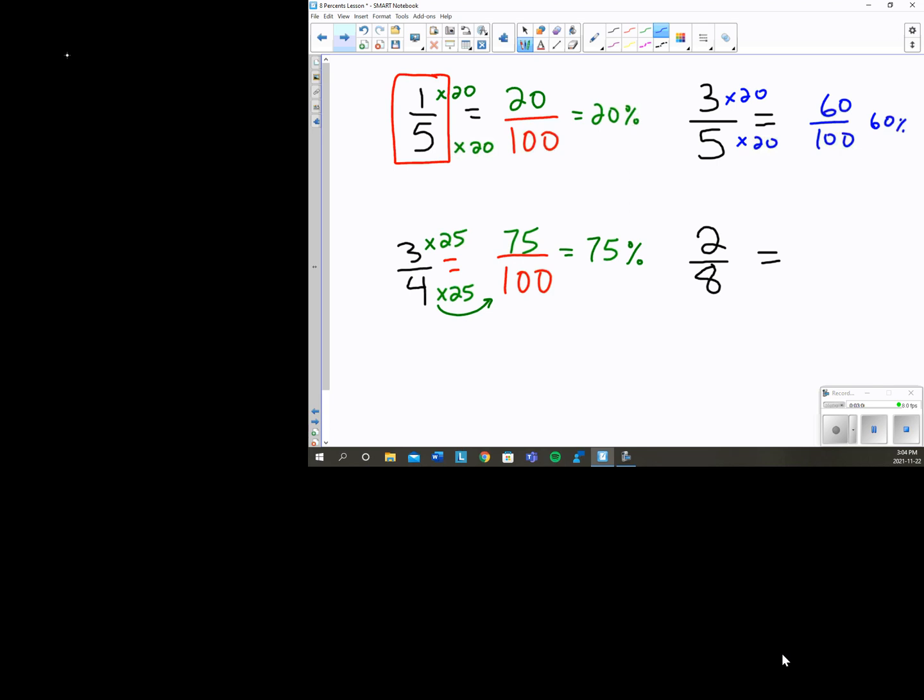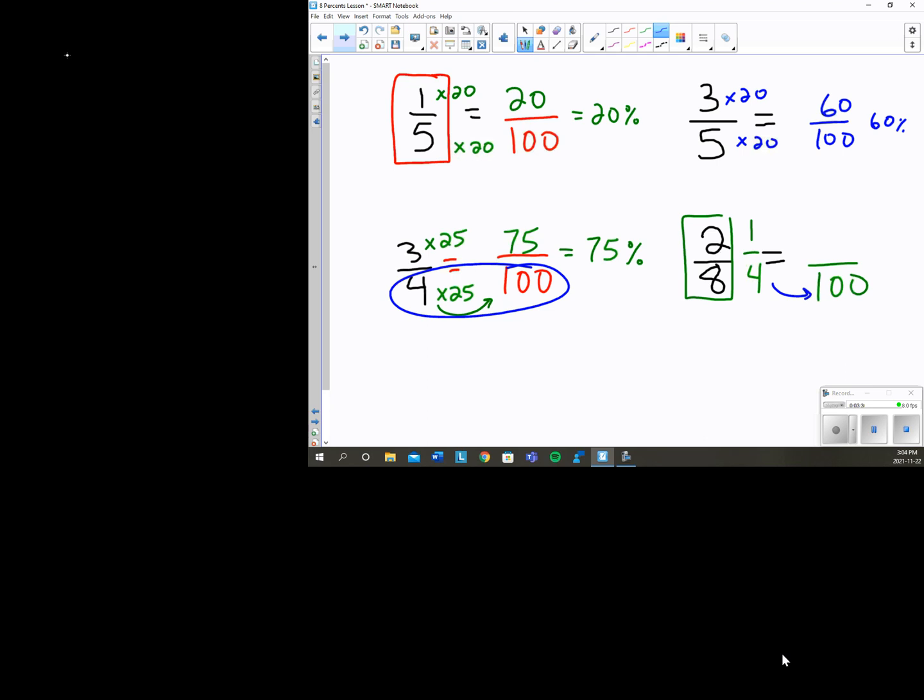Now, 2/8 is an interesting one because 8 doesn't divide evenly into 100. There's nothing that you can multiply 8 by to make 100. So I'm going to first realize that I can reduce this. If I reduce this to 1/4, then I already know that 4 goes into 100 exactly 25 times, exactly like we had over here.